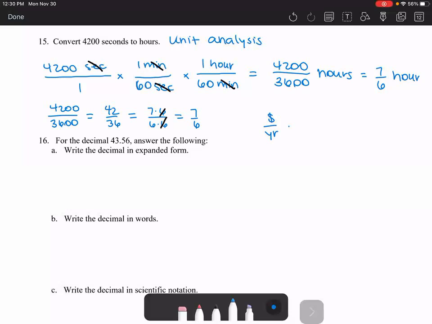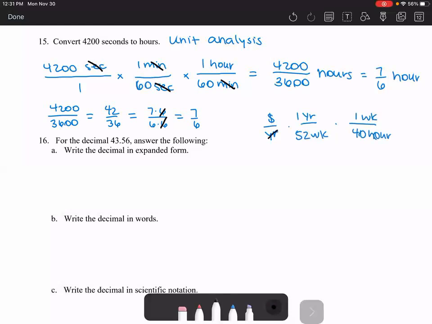So if you have dollars over years and you want to convert that to hours, then you would have 1 year has, I'm not quite sure how the book does it, 52 weeks. Right, 1 year has 52 weeks, and in 1 week you work 40 hours.